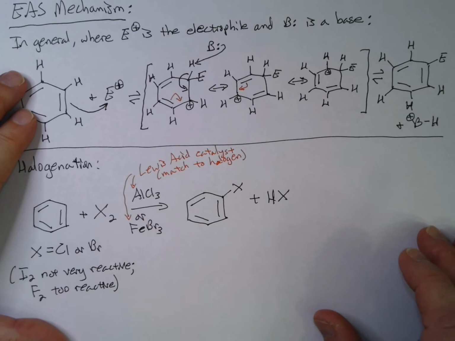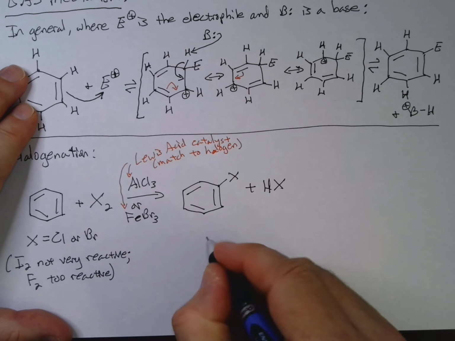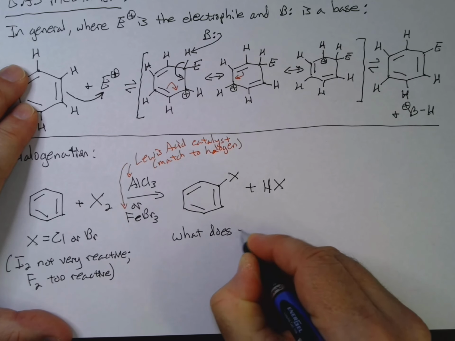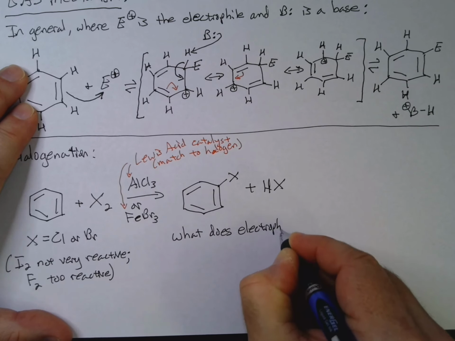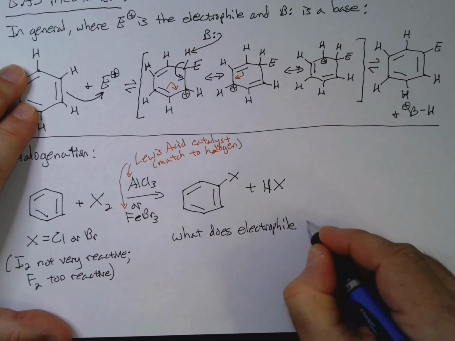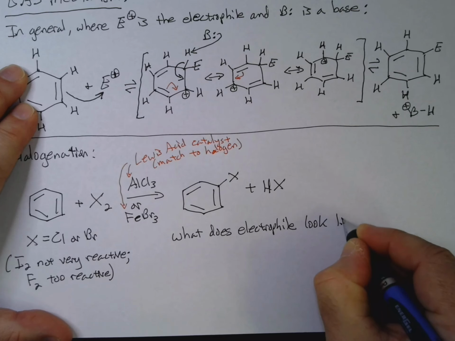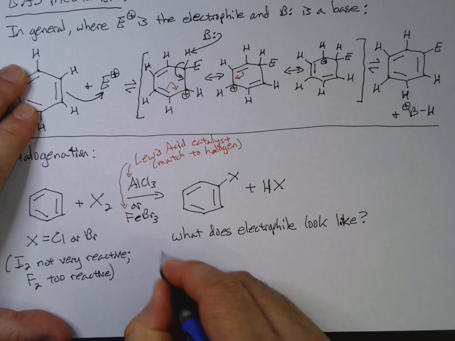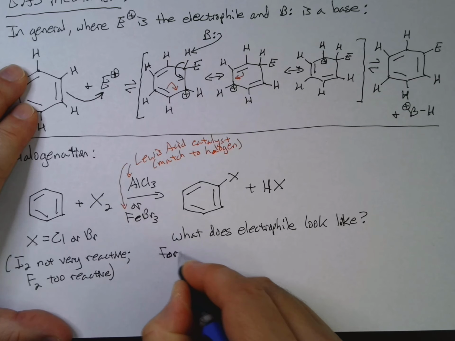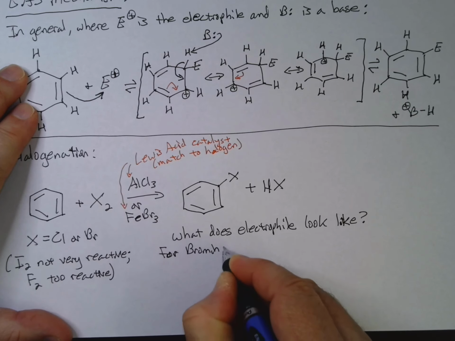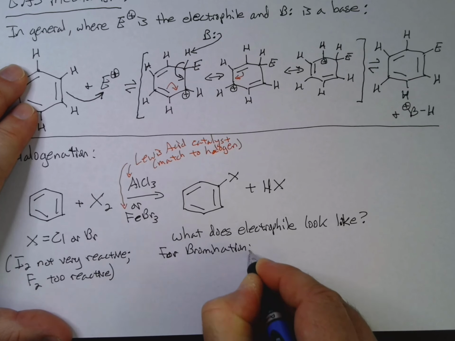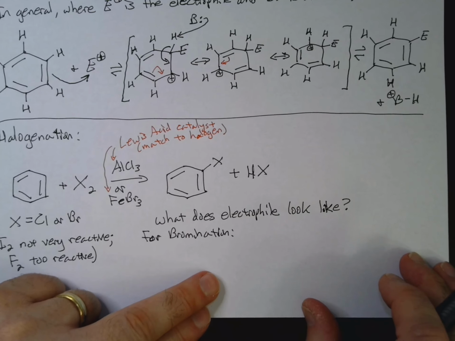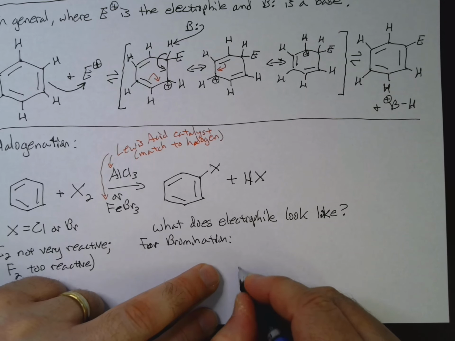Okay, now what does the actual electrophile look like? Well, for bromination, we have our Br2 complexes with the FeBr3 to make something that looks something like this.